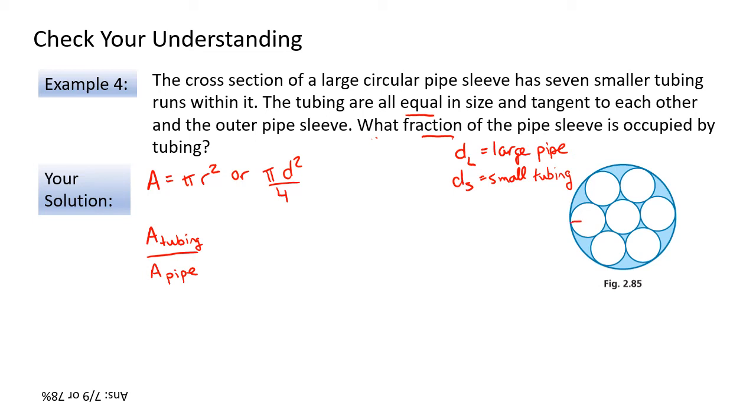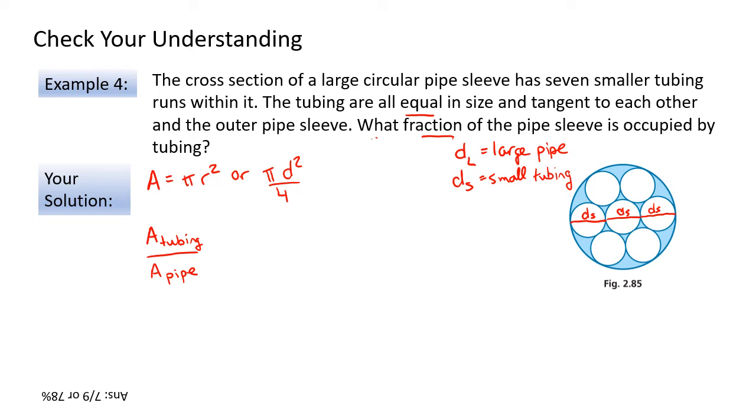So what that meant was, here you can see is the diameter of the small tube. Again, the diameter of the small tube. And again, diameter of the small tube. That's just going from a line from one starting point to the next of the large pipe. And if you added all those up, that's the diameter of the larger pipe sleeve. That's because they're all only touching at one individual point, in other words, a tangent.